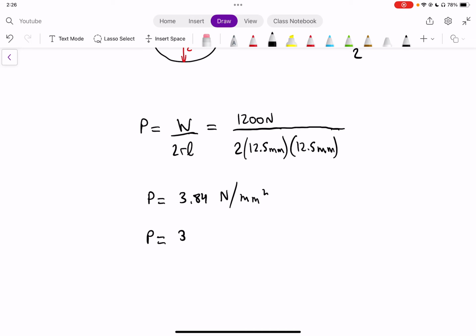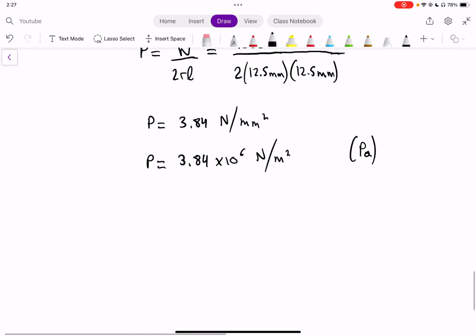So in Newton per meter squared, we would have 3.84 times 10 to the 6 to get rid of the millimeter squared at the bottom, Newton per meter squared, okay, which is also the unit of Pascal. Okay, we don't really need to use the unit of Pascal. I mean, we can write it in Pascal seconds. It would be probably easier, but you can also leave it as is and just work with it in the Sommerfeld equation. So now we have pressure, so we're good to go.